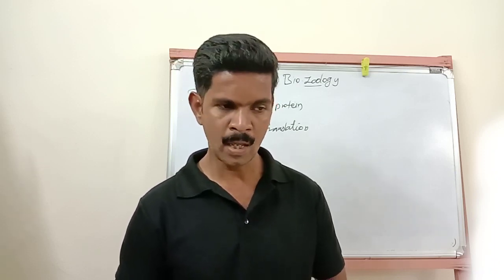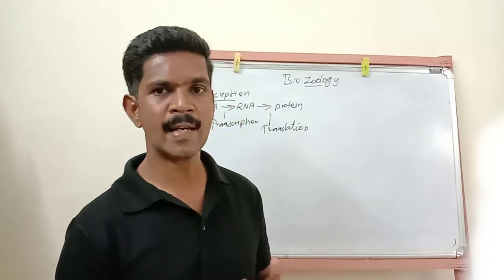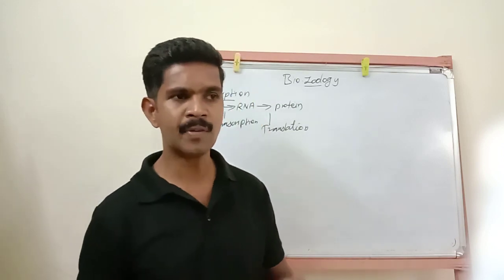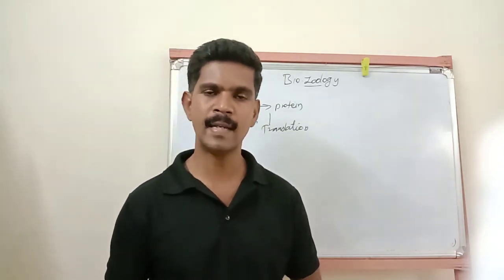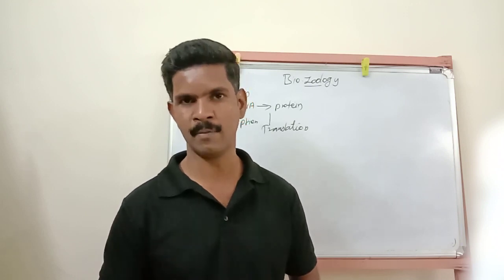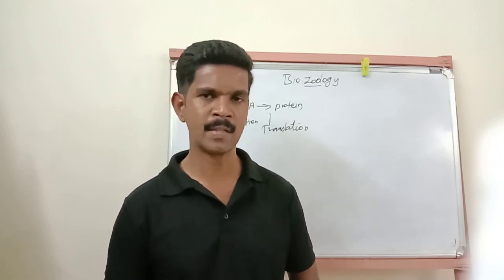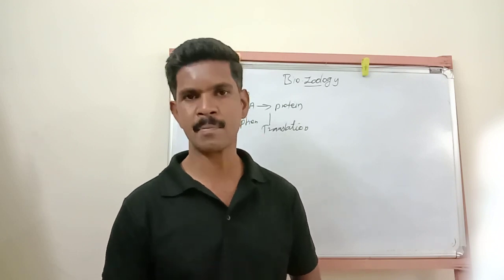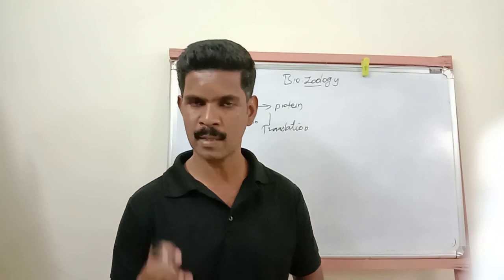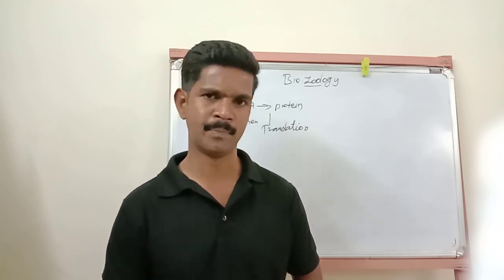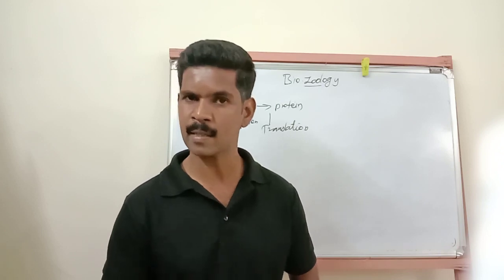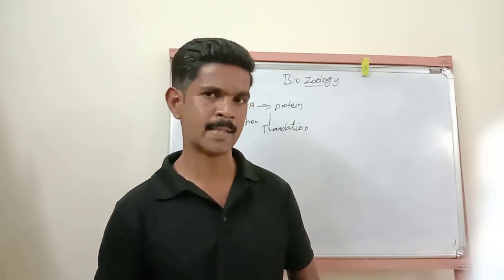Understand? Then, for the transcription process, first the double helix DNA molecule should be pulled apart temporarily for a short period. So listen very carefully. After that only, the RNA molecules are produced by an enzyme called RNA polymerase.